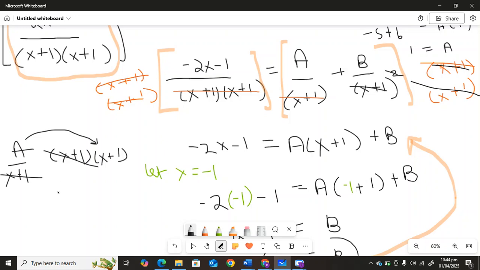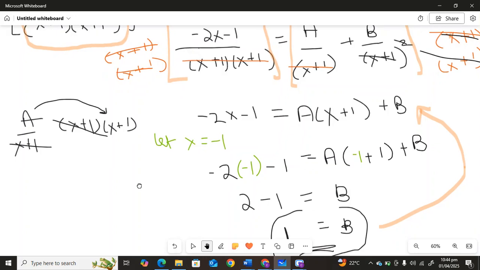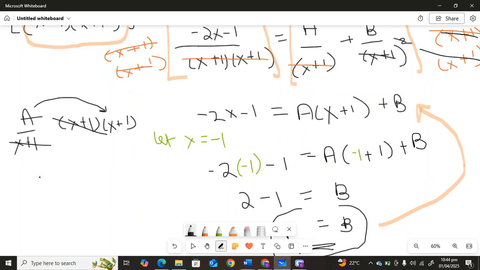Then for b, remember the x plus 1 squared is the same as also x plus 1 times x plus 1, right?